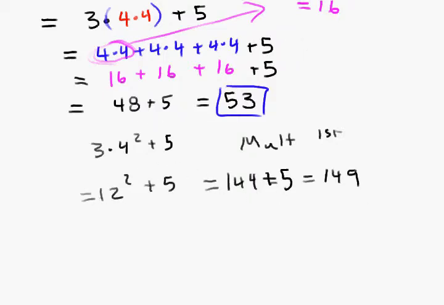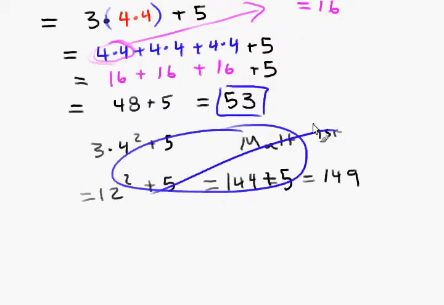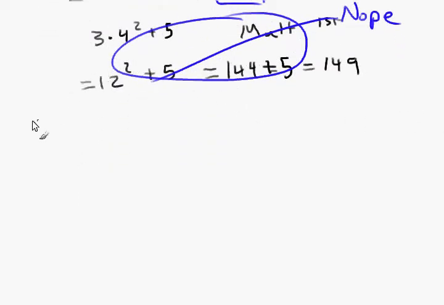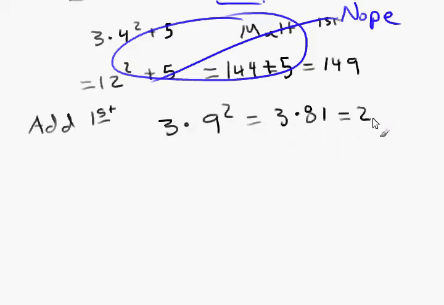So, nope. That's not it. We could try the addition first. I'm not sure what we would add. Maybe it would be 4 plus 5, so it would be 3 times 9 squared, 3 times 81, 243.